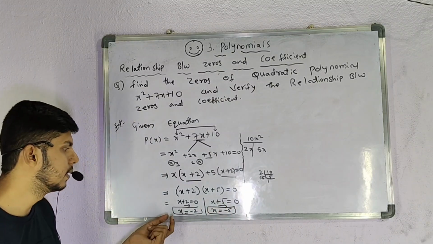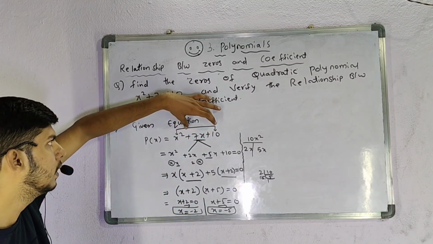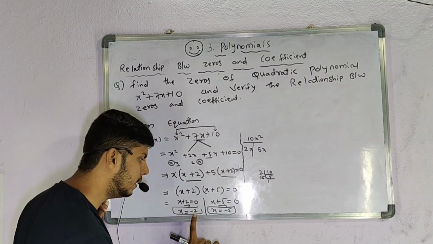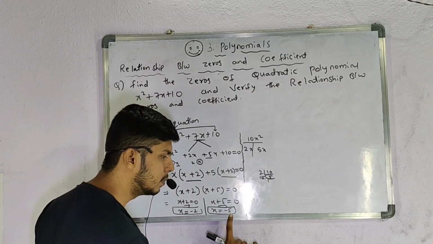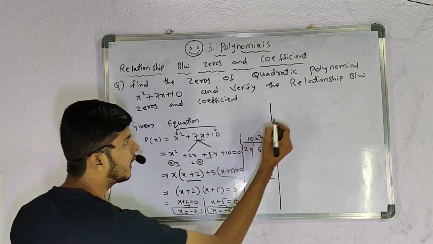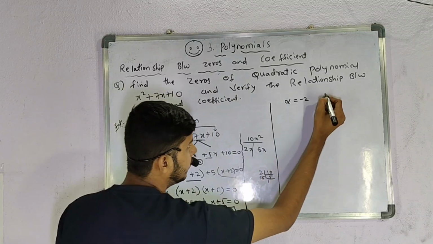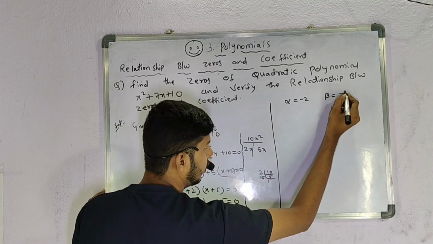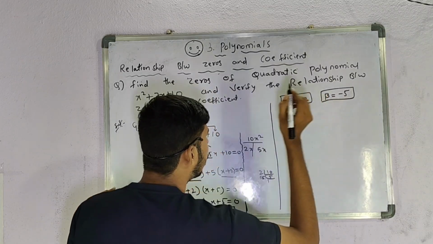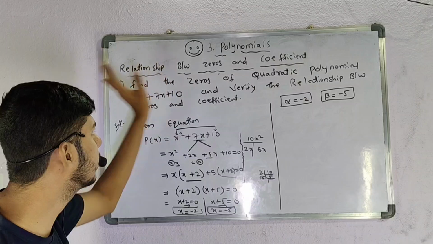So this polynomial has two zeros, one is minus 2 and another is minus 5, yes or no? The first we take as alpha and the second as beta. Now we have to verify the relationship between zeros and coefficient.